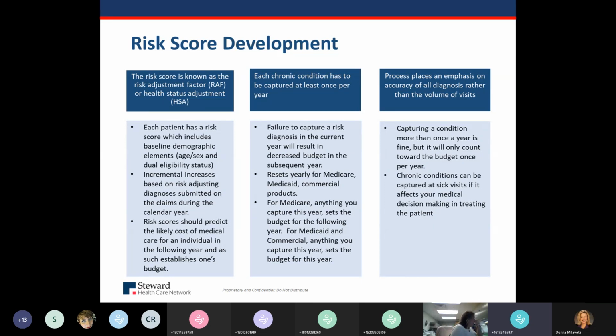But there are times when it's appropriate during a sick visit, if that chronic condition goes into the medical decision making and treating the patient. An example would be if a patient comes in for a cough, any type of respiratory illness, and the patient has COPD. It's perfectly appropriate to capture that COPD in that visit. Next slide.